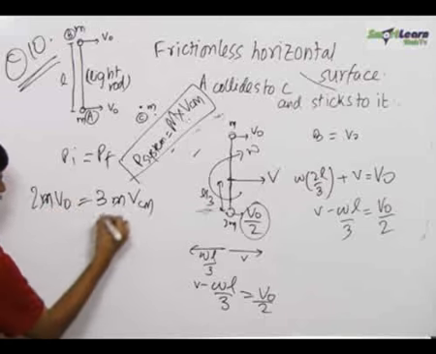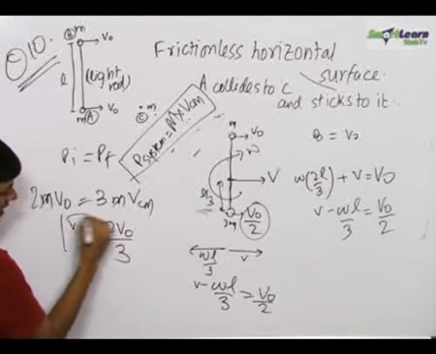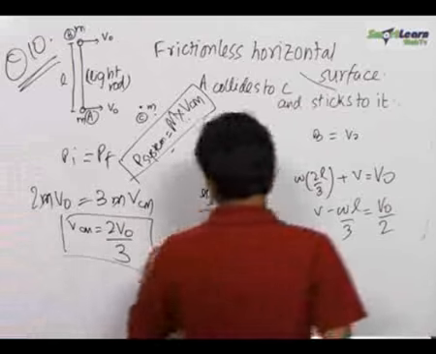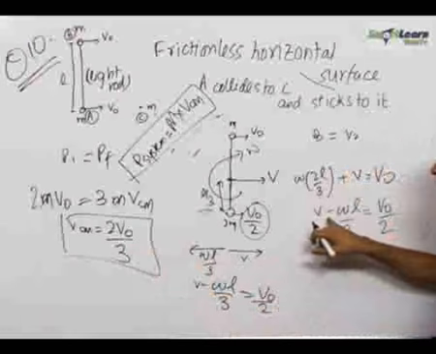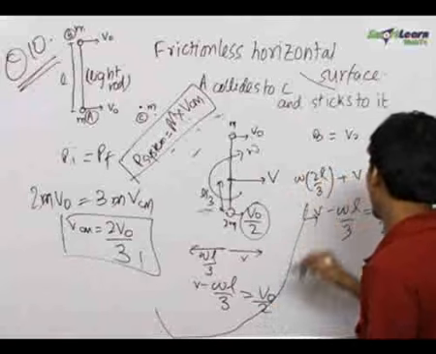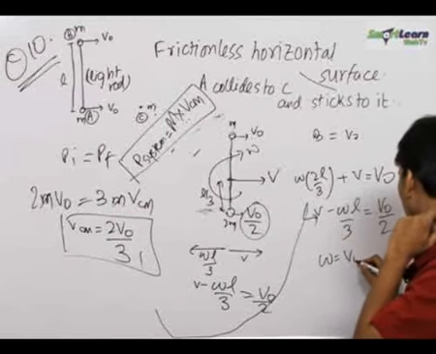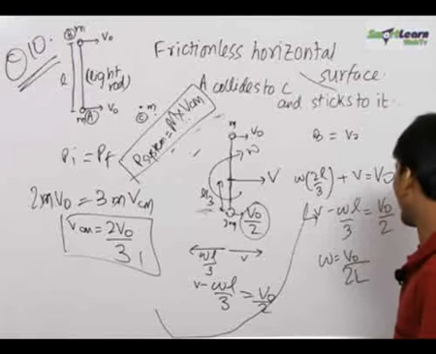So vcm comes out to be 2v0 upon 3. So we get the answer for v directly. We could have got the same answer from here also. Now if we substitute this v in either of these two equations, we get the value for omega also. Omega comes out to be v0 upon 2L.